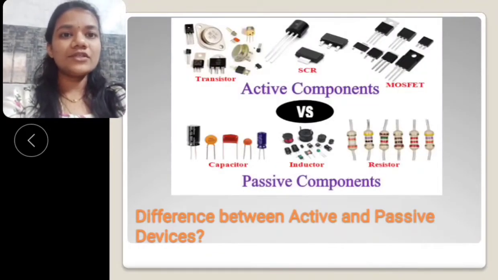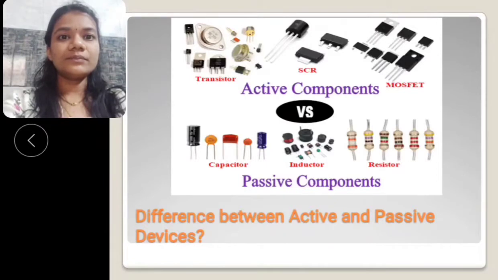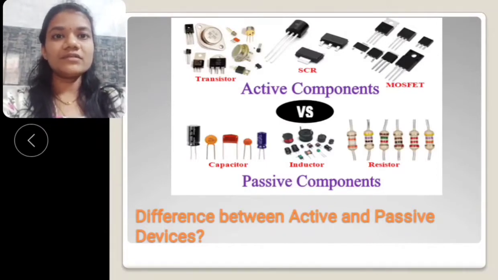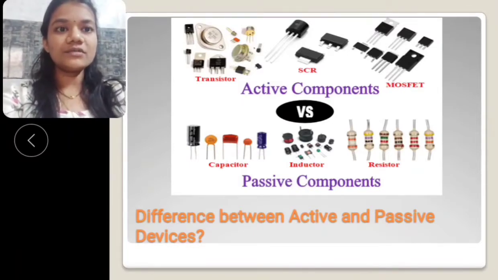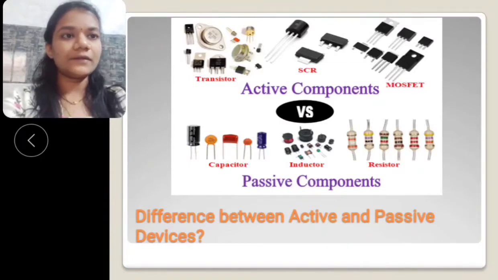So this is the next definition of electronics. This image shows the active and passive components present in electronics, or the difference between active and passive devices. Transistors, SCRs, MOSFETs are the active components, whereas passive components are resistor, capacitor and inductor.